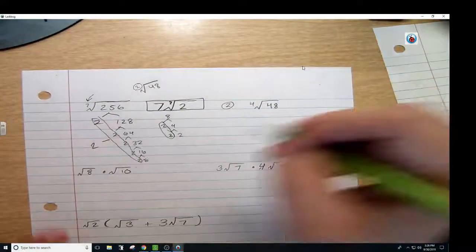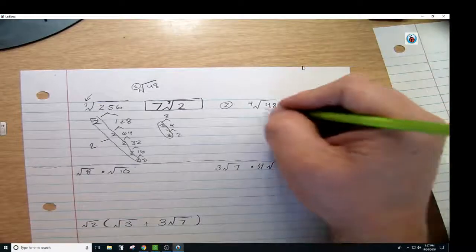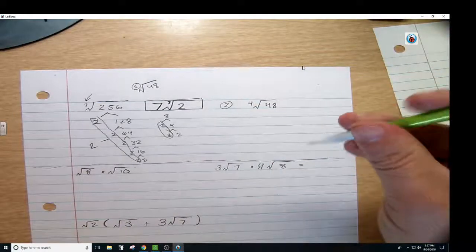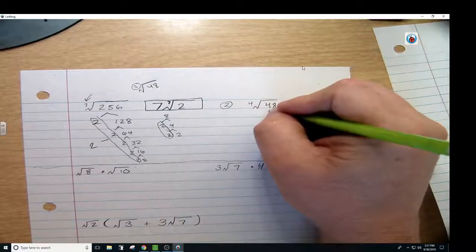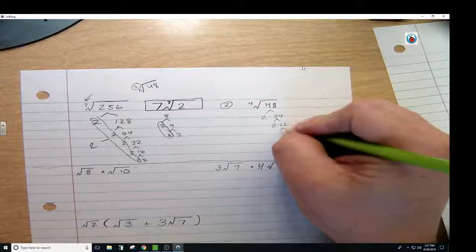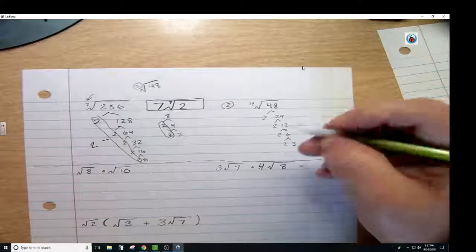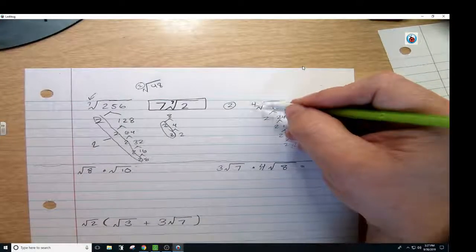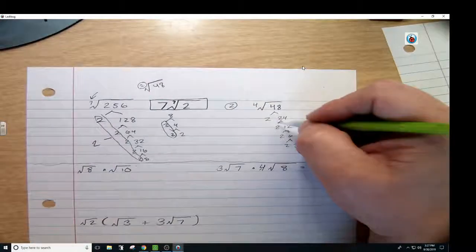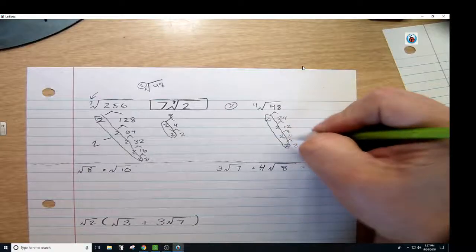Now, we're looking for groups of 4. Our index is 4. So we're going to go 2 and 24, 2 and 12, 2 and 6, 2 and 3. We're looking for groups of 4 because our index is 4. So we got 1, 2, 3, 4 2's. Bring 1 two out.